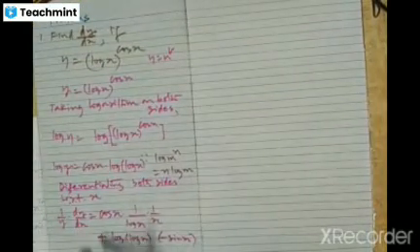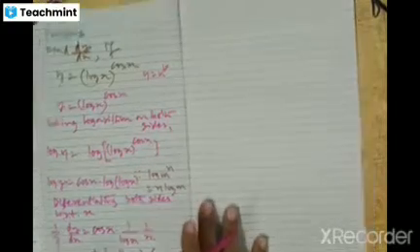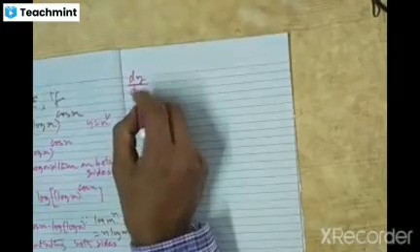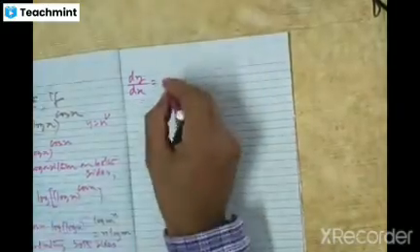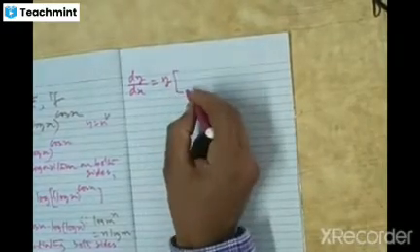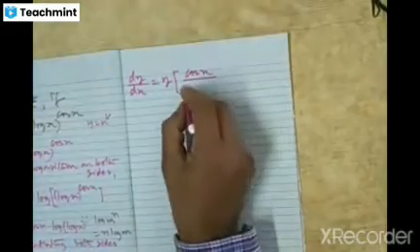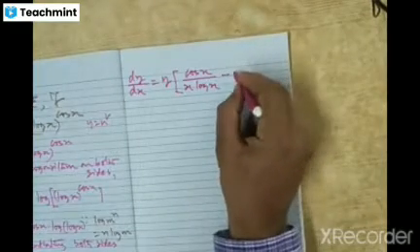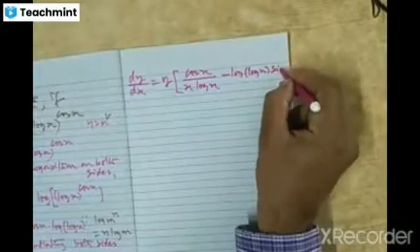So we are interested in dy by dx, so we have to shift this y to the numerator of right hand side. So therefore dy by dx is equal to y into cos x divided by log x into x, or x log x, minus log of log x into sin x, correct?